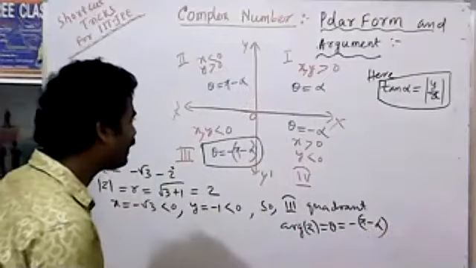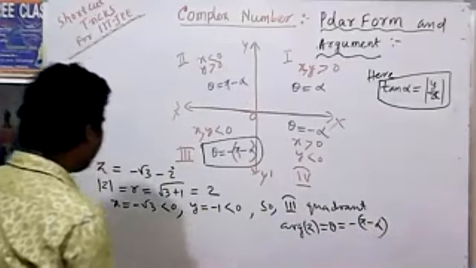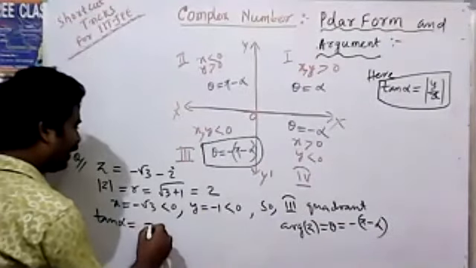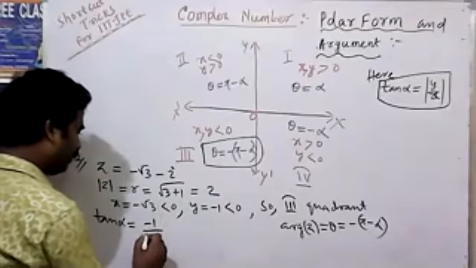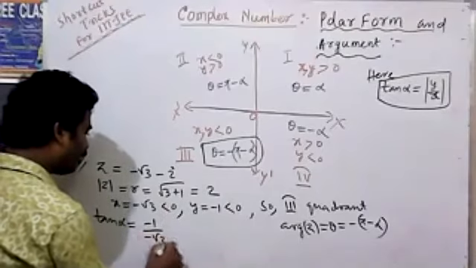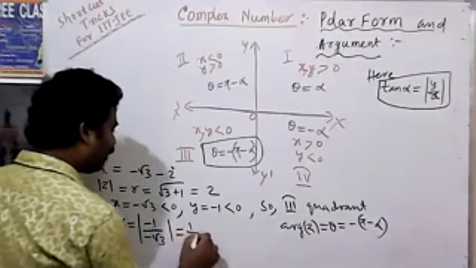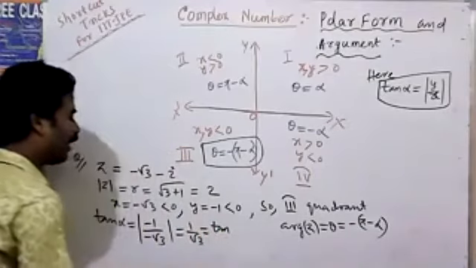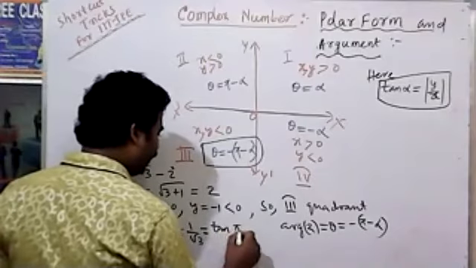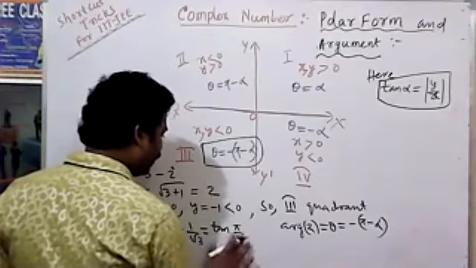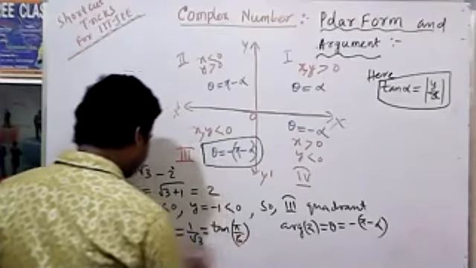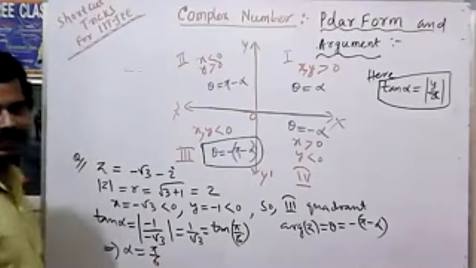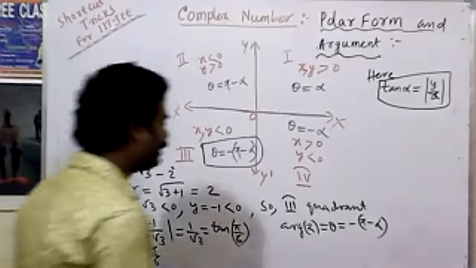Now what is theta here? Tan alpha is equal to the modulus of minus 1 by minus root 3, that is 1 by root 3. Tan of how many degrees? The value of tan 30 degrees is 1 by root 3, so alpha is equal to pi by 6.